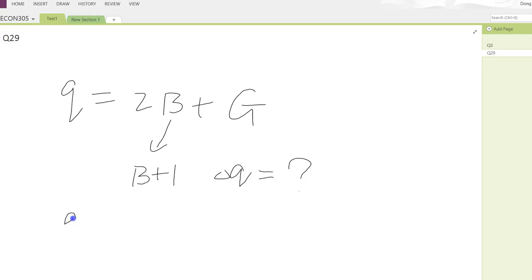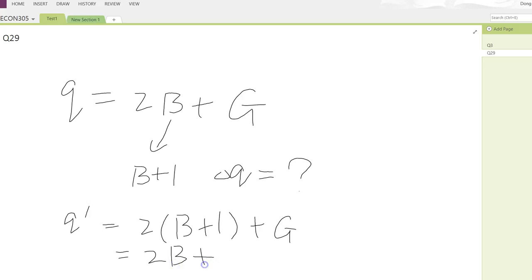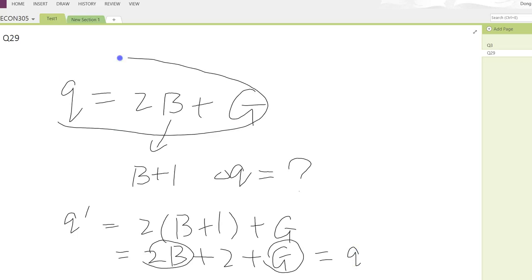So Q prime now equals 2 times B plus 1, plus G. If we add B by 1 more unit, this is the output. Hence this equals 2B plus 2, using the distribution rule, plus G. And this combined, that's Q. So Q plus 2.